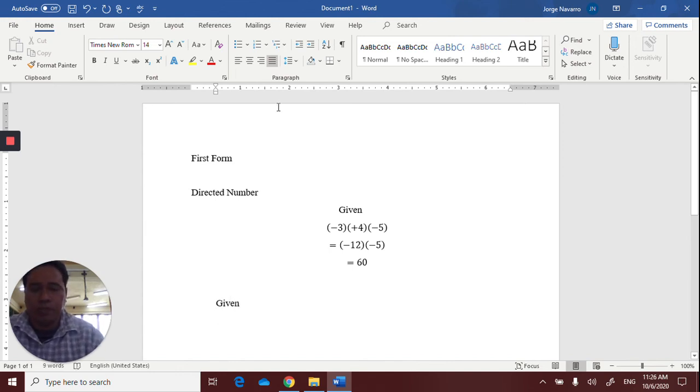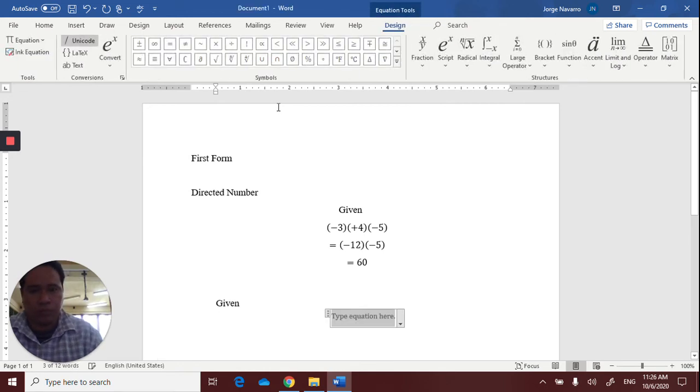So again, equal is another shorter way for people to put in the equations.